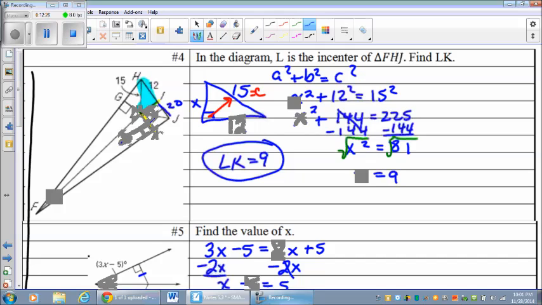LK is this length here again, and notice it's still that same triangle, just on the opposite side, where 25 will be the c side, the hypotenuse, and 20 will be the bottom.